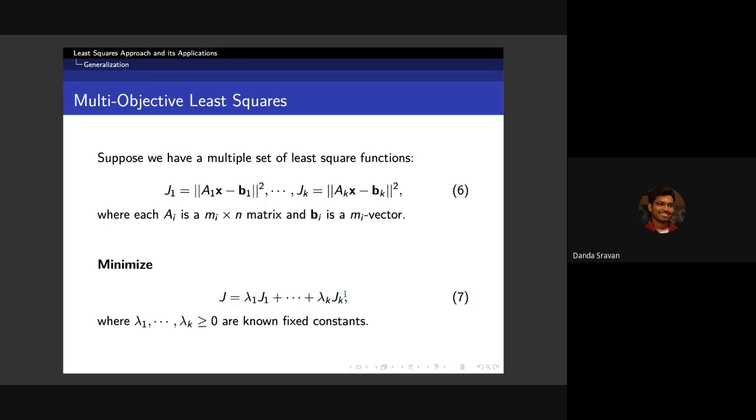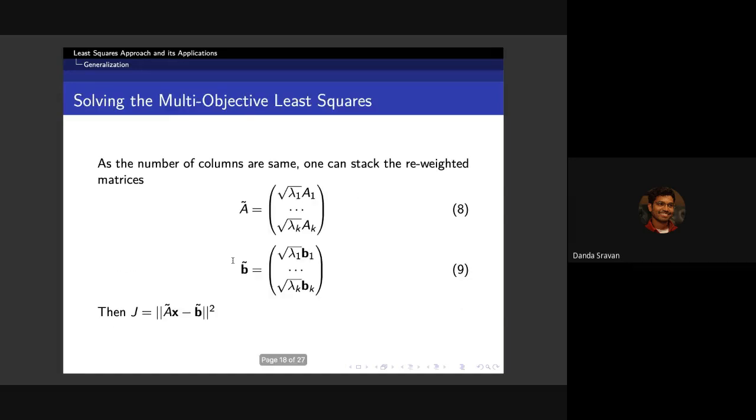If we look at it carefully, each Ai has the same number of columns, which means that I can stack these matrices and convert it into the form that we have already seen. I reweight each of these matrices appropriately with the square root of lambda i, so that I bring them all to the same scale.